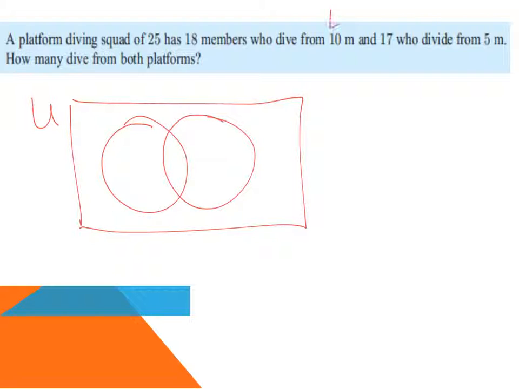So I'm going to let the 5 be our L, and the 10 is going to be our H. H for the higher 10 meters, L for the lower 5 meters. So we get our higher goes here, and lower goes here.